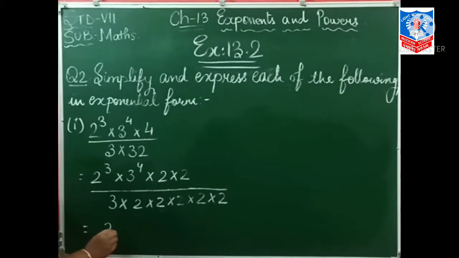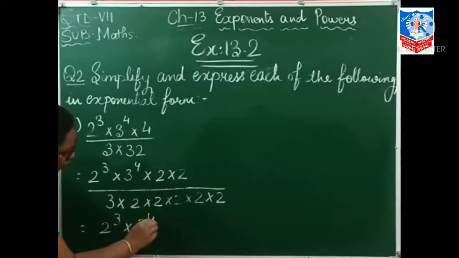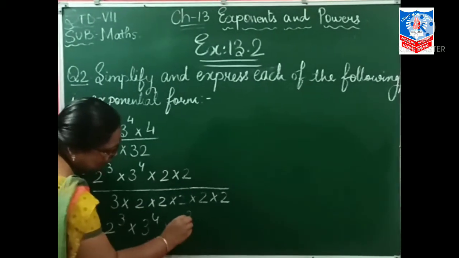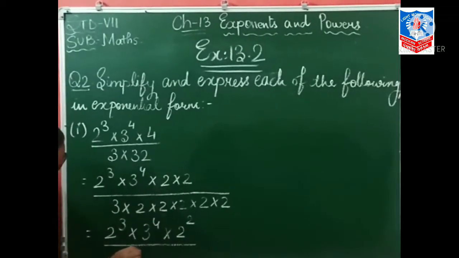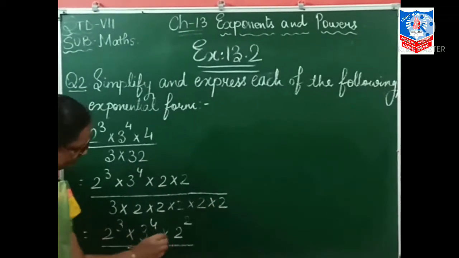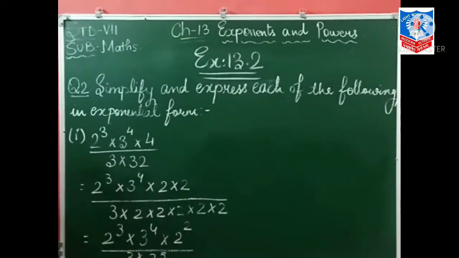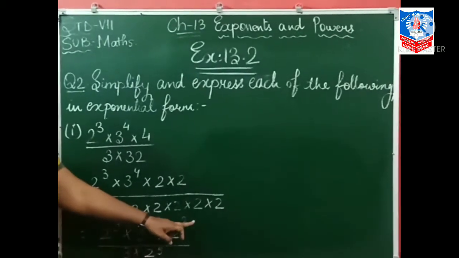That is 2 raised to the power 3 into 3 raised to the power 4 into 2 how many times? 2 times, 2 squared, divided by 3 into 2 five times. Now what we will do? Now you know. See, 2 raised to the power 3 and 2 raised to the power 2.